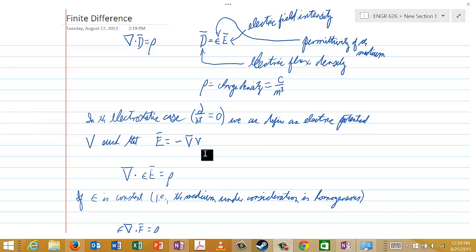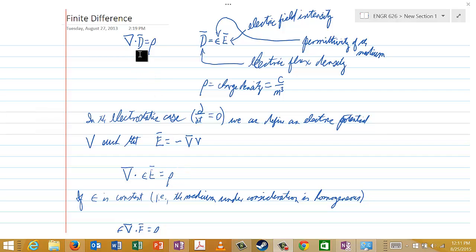So let's see what we obtain if we do this and substitute into this one of Maxwell's equations. Well, first we're going to use this equation, which tells us that D is equal to epsilon E. We're going to substitute that in here, so we get the divergence of epsilon E is equal to rho.